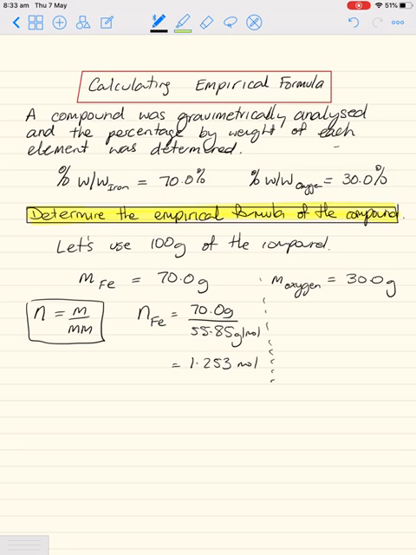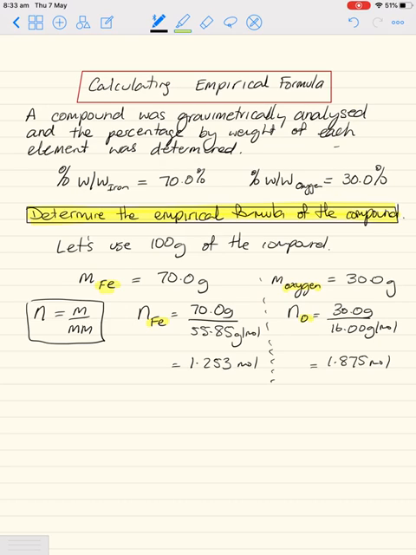And then if we look at oxygen, moles of oxygen, and we're talking about oxygen atoms, we're not talking about oxygen molecules, is 30.0 grams over 16.00 grams per mole. And that works out to be 1.875 moles of oxygen. Okay, so we're talking about oxygen and we're talking about iron. Okay, so we've got the moles.